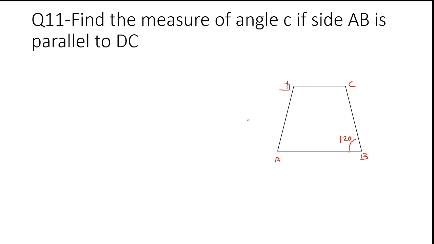Now again, find the measure of angle C if side AB is parallel to DC. Here in this figure it has been given that AB is parallel to CD and BC is a transversal line.